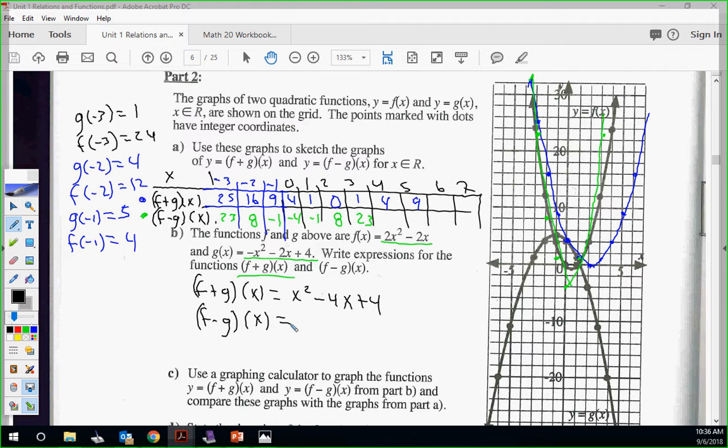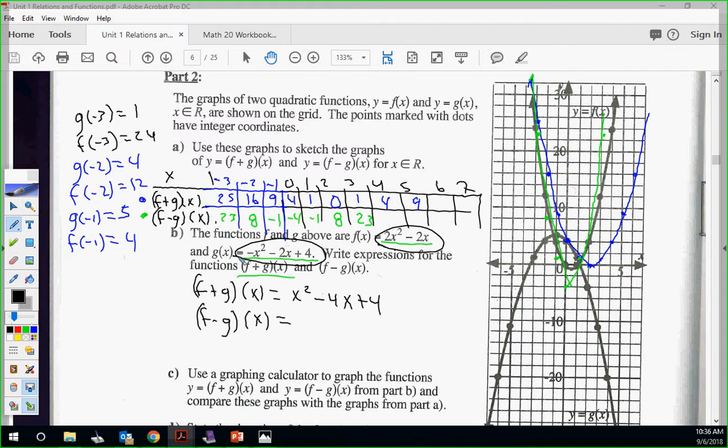Make sure you do the right order here. Go this minus this. Don't forget your negative, negative. We have these two functions. We're doing f minus g. This function, f, minus this function.